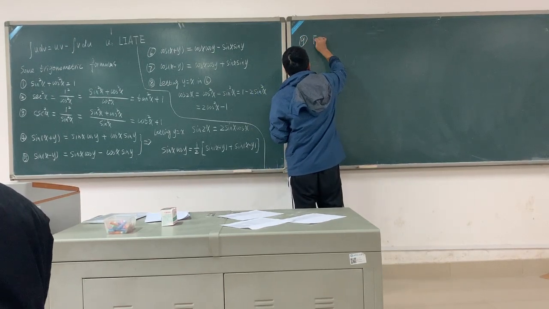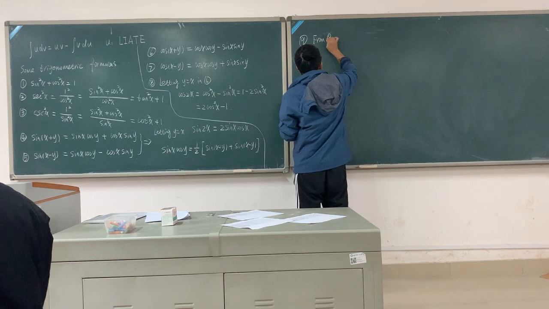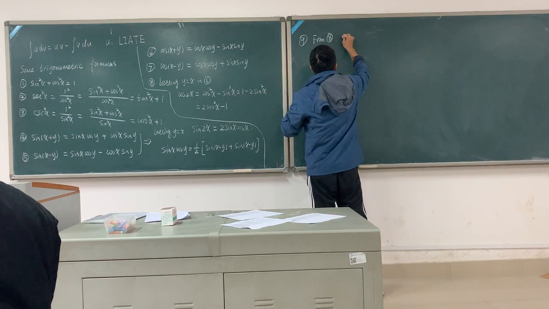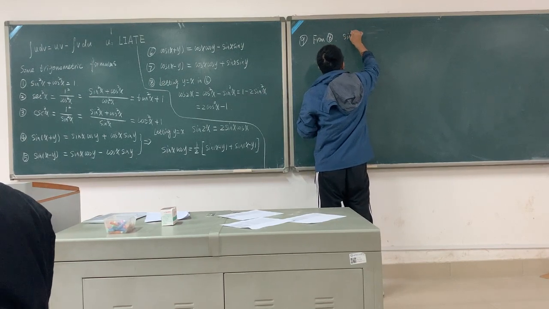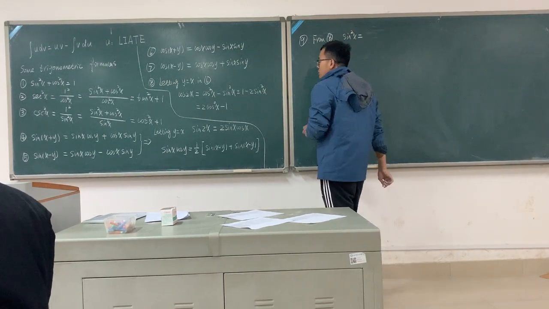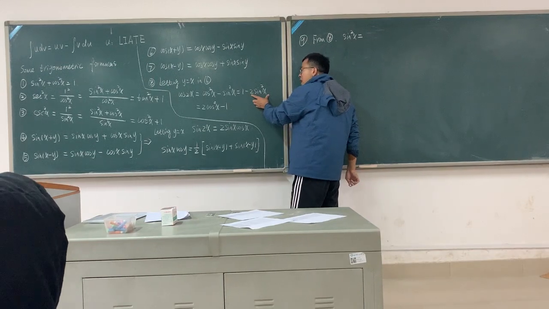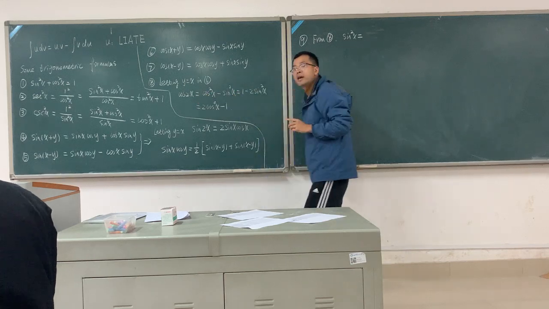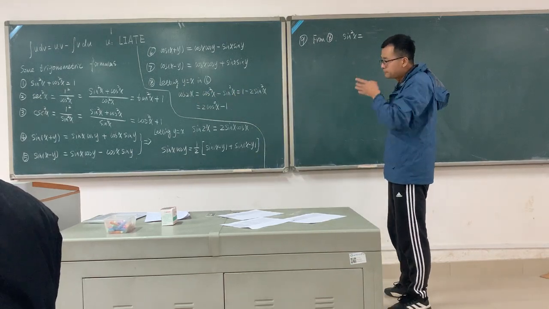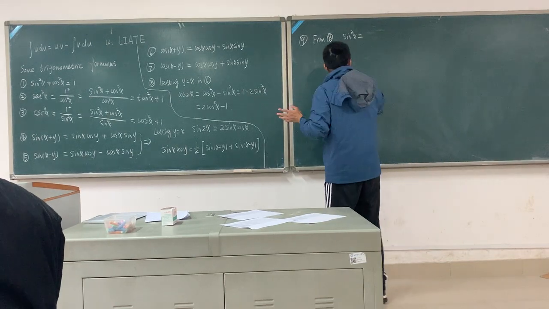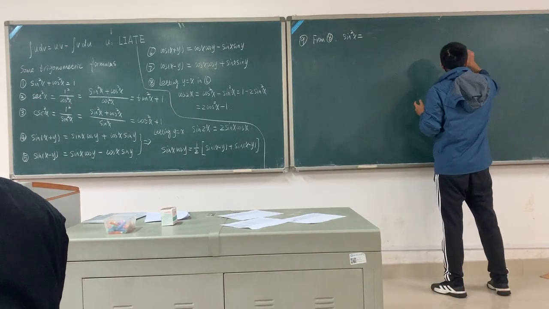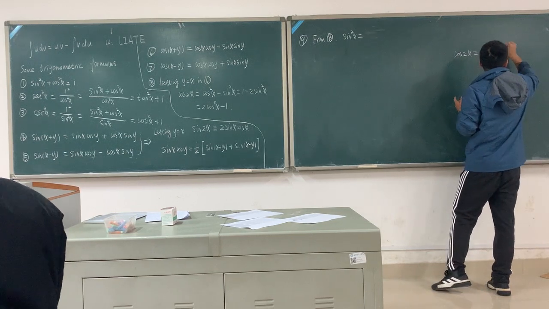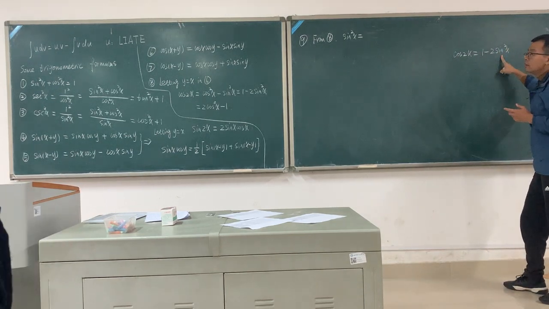From number 8, what can we obtain? We can obtain sin x squared. Sin x squared equals what? 2 sin squared equals 1 minus cosine 2x. Cosine 2x equals 1 minus 2 sin x squared, number 8.